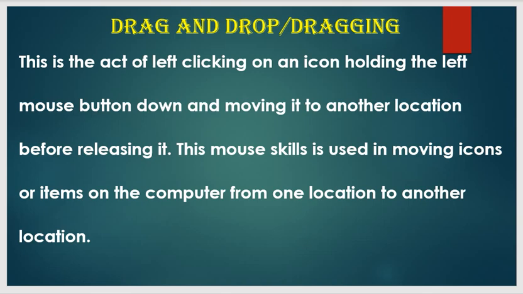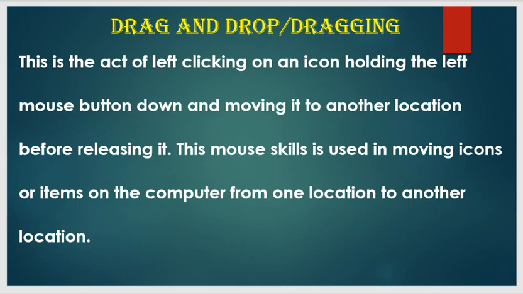So for drag and drop, you normally move the mouse pointer onto an icon, you left click and hold the button down without releasing it. Then you drag it to a different location. It actually helps users of the computer to be able to move icons or items from one place to another.